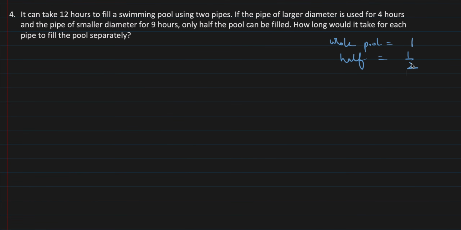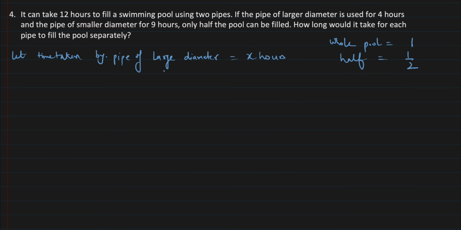Okay, like that. Now let us assume the time taken by pipe of large diameter to fill the pool completely, I'm considering is x hours.